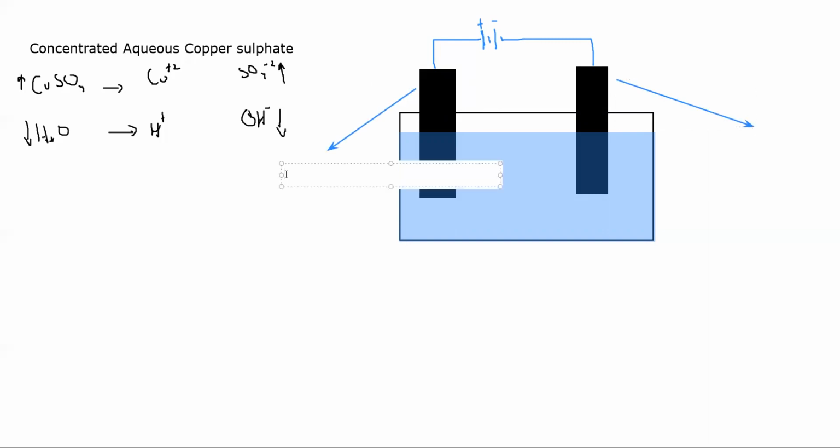And for unreactive, the anode should be either made up of carbon or graphite, or platinum. And cathode also consists of either carbon or graphite or platinum. And the ions which are present in the solution, it contains copper ion, sulfate ion, hydrogen ion, and hydroxide ion. For positive ion, the criteria is the reactivity.